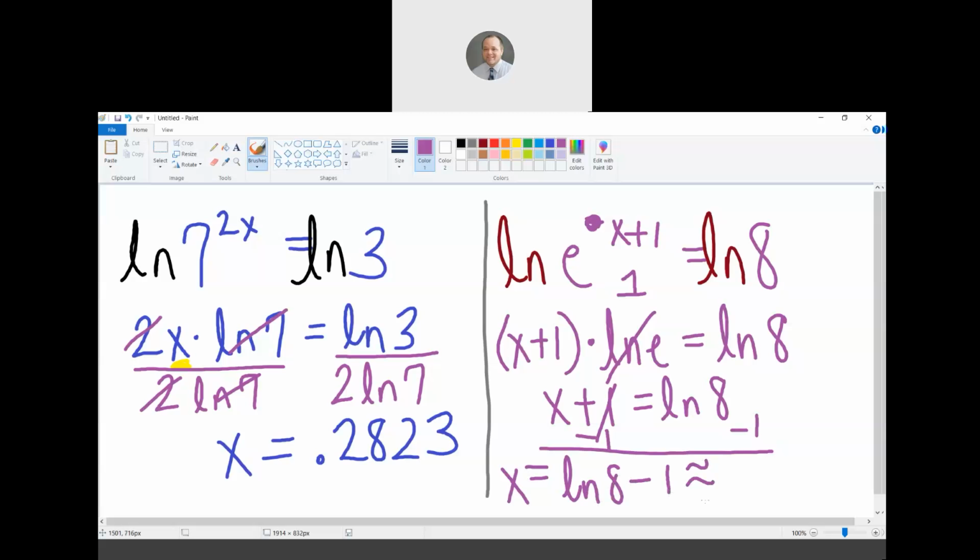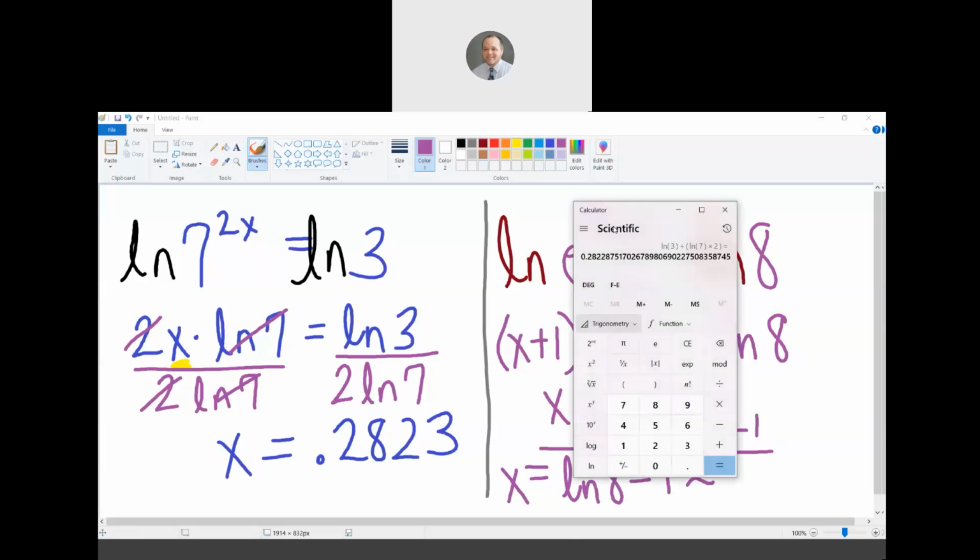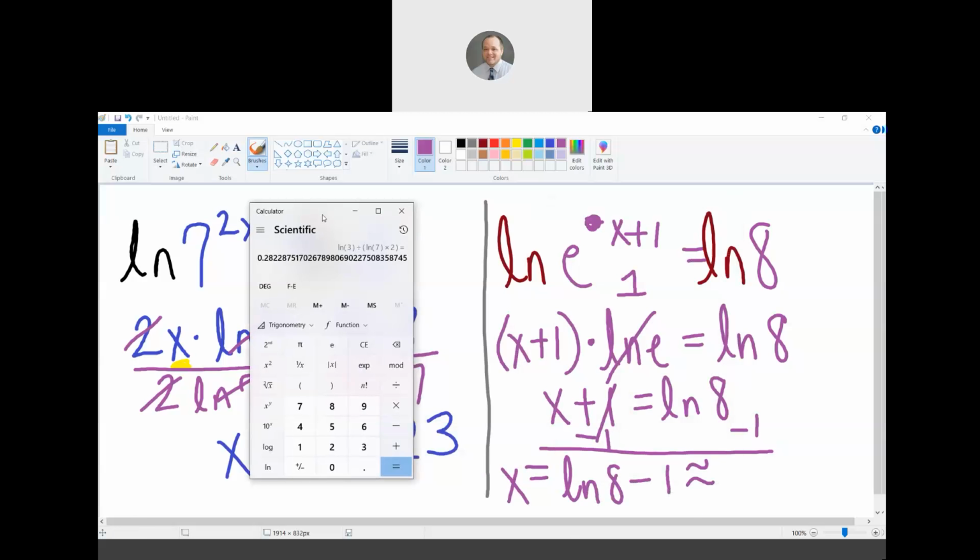Or if my MyMathLab wants your answer as a decimal, let me put this in my calculator. Natural log of 8 minus 1.